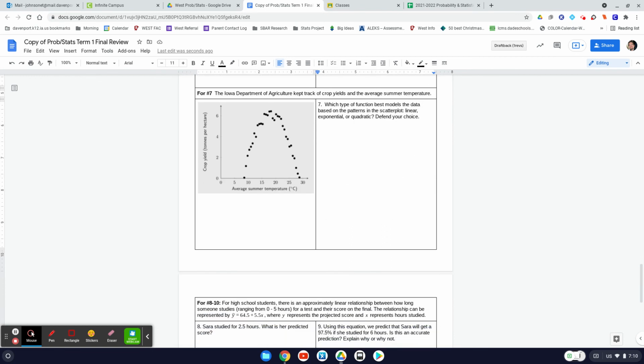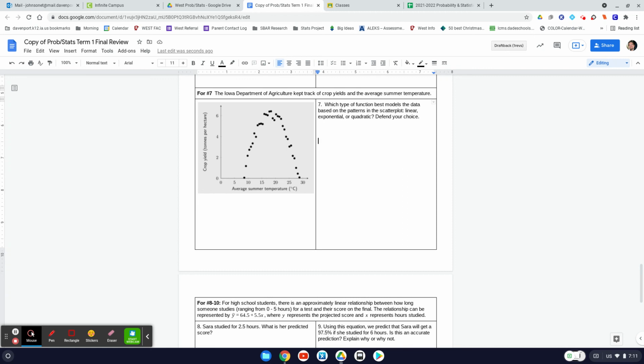Seven, the Iowa Department of Agriculture kept track of crop yields in the average summer temperatures. What is the best function that models this data based on the patterns in the scatter plot? Now looking at it, it does not make a nice solid line. It does not make a curve, so exponential.